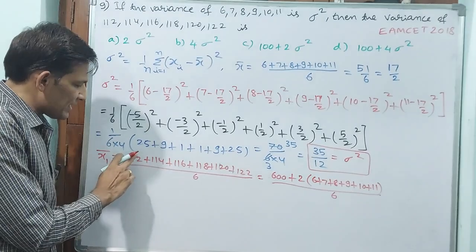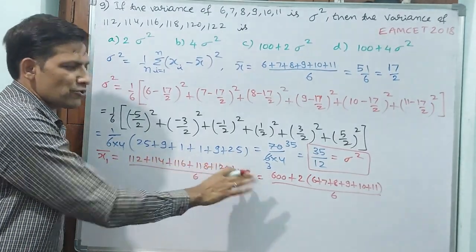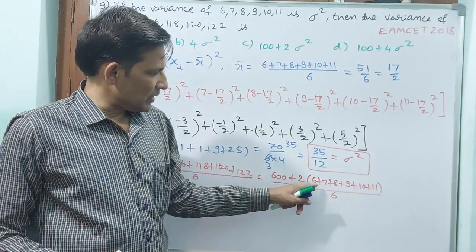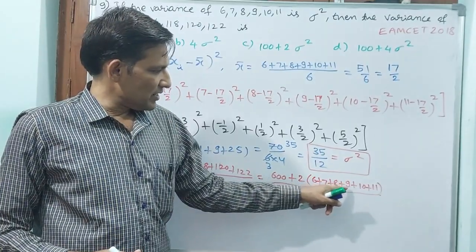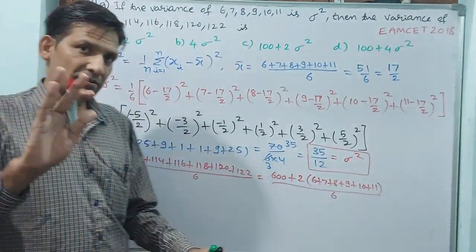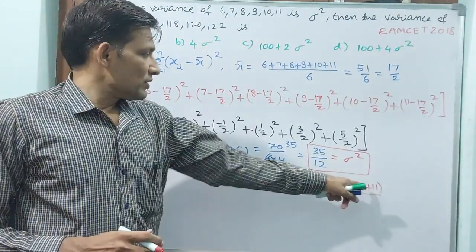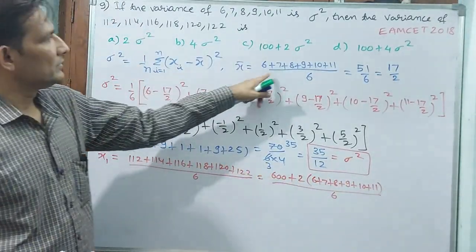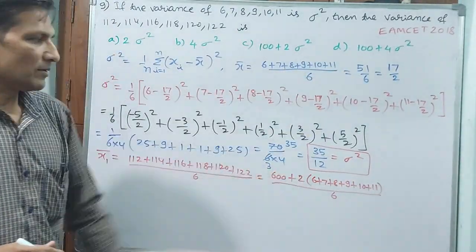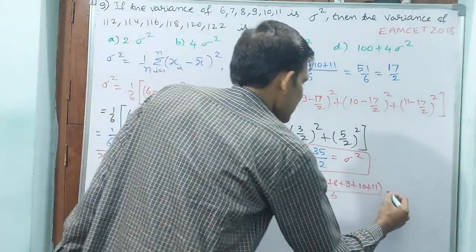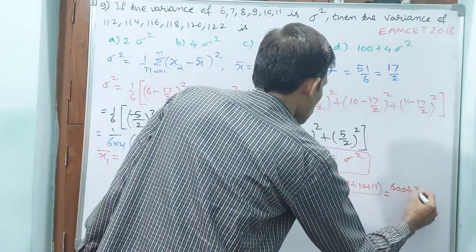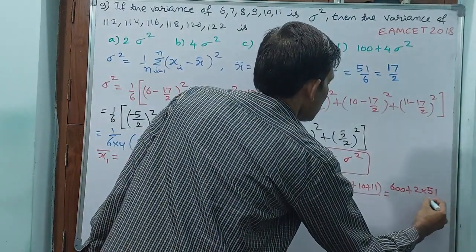If you separate 600, 12, 14, 16, 18, 20, 22 will be there. This addition we have already done here, 51 has come. Now we can make it easy: 600 plus 2 into 51 divided by 6.